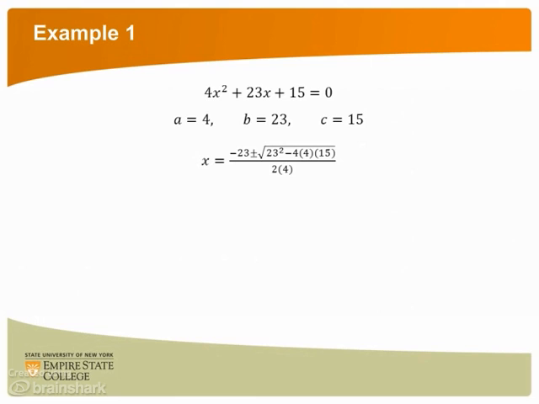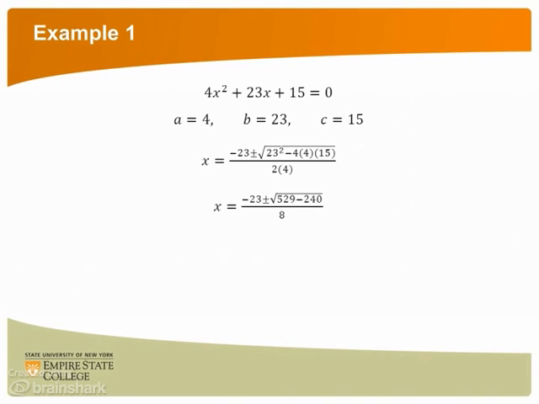We have negative 23 plus or minus the square root of the quantity 23 squared minus 4 times 4 times 15 all over 2 times 4. We do all the multiplication type operations.